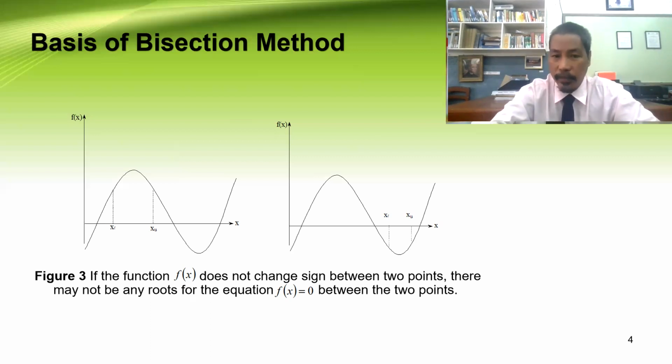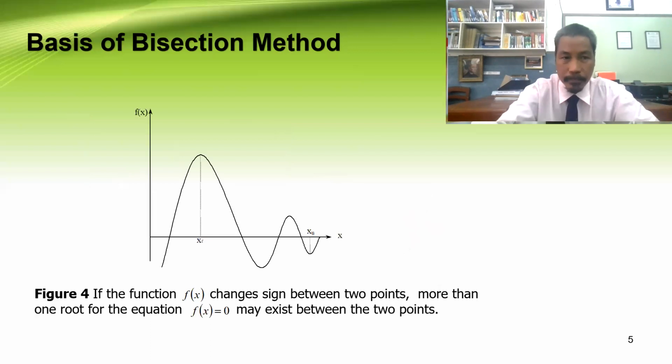We don't need to verify. Unlike if the function did not change in sign, we have to verify if the function has an intersection with the x-axis or not. In other words, if the function has roots or not.